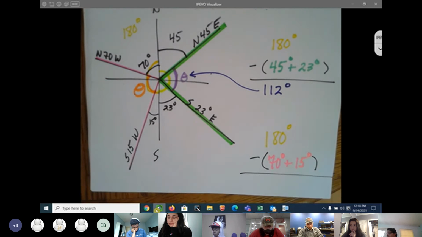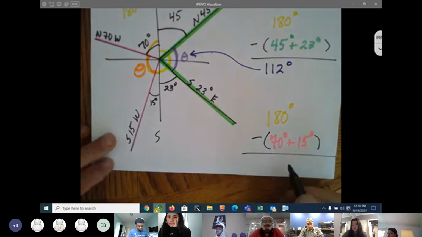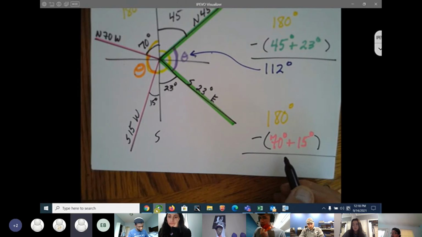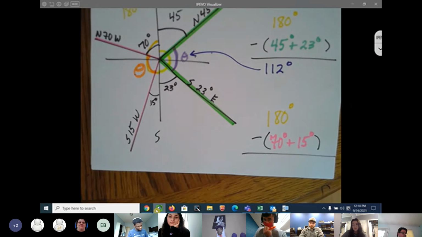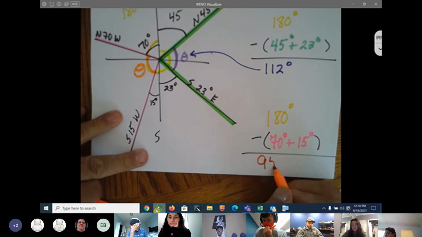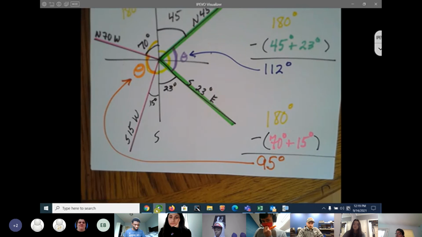And that's going to be 180 minus 85 degrees, which is what, 95 degrees? 95 degrees. Okay, so 95 degrees is equal to that.